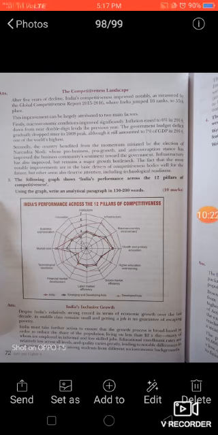Infrastructure has also improved but remains a major growth bottleneck. The fact that the most notable improvements are in the basic drivers of competitiveness bodes well for the future, but other areas also deserve attention, including technological readiness.